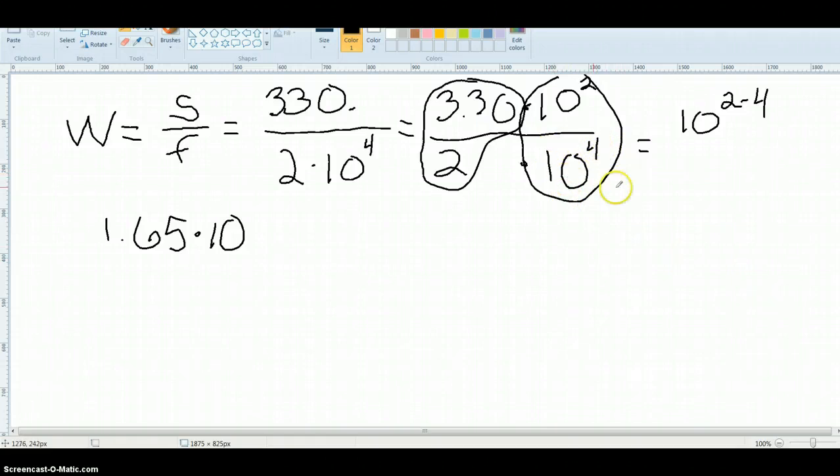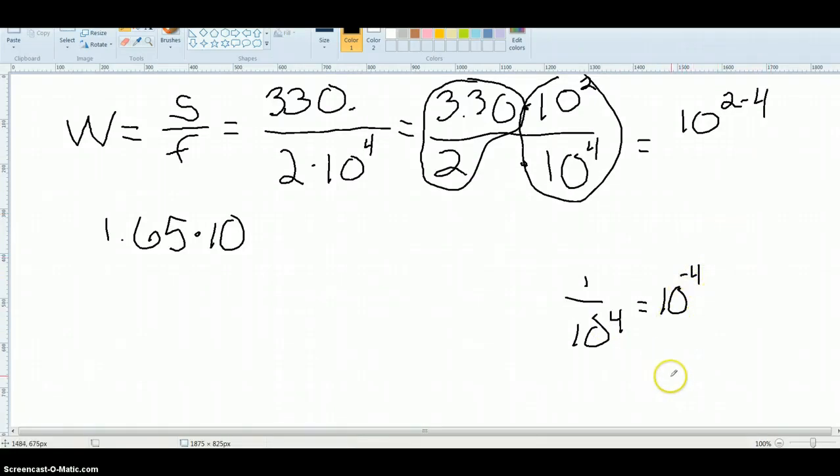So if you have 1 over 10 to the 4th, that's the same as having 10 raised to the negative 4. So whenever you have a positive exponent in the denominator, that's the same as a negative exponent on top. And if you have a negative exponent in the denominator, that's the same as having a positive exponent on top.